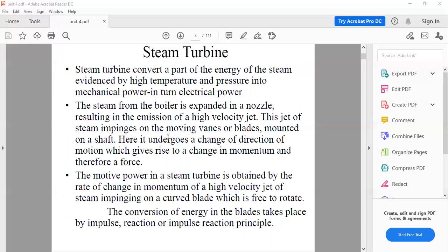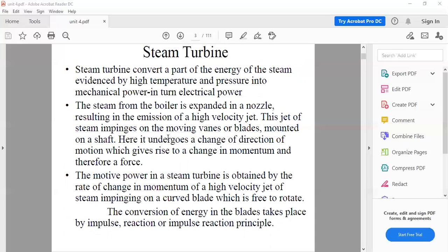Now, what is a steam turbine? A steam turbine converts a part of the energy of the steam, evidenced by high temperature and pressure, into mechanical power, and in turn electrical power.